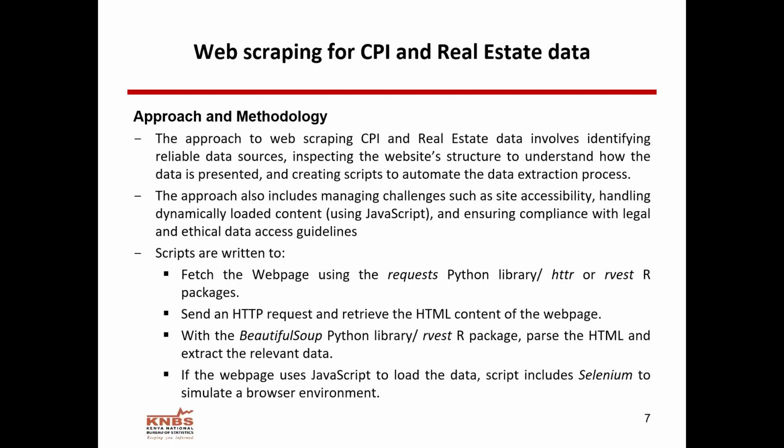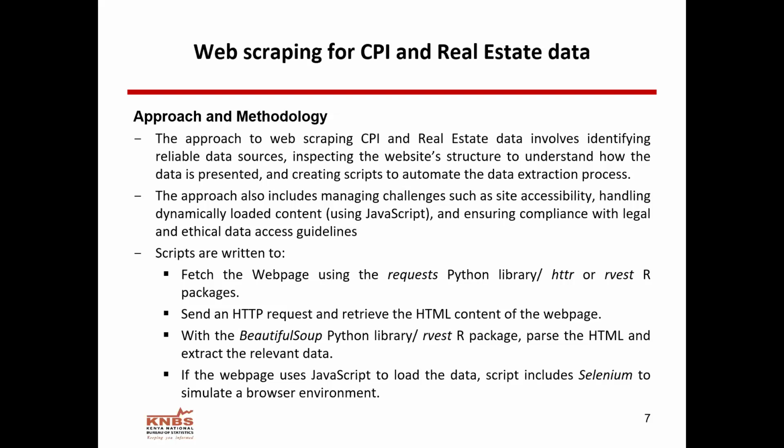So our methodology when we are doing web scraping for CPI and real estate data involves identifying reliable data sources, inspecting the website structure to understand how the data is presented, and creating scripts to automate the data extraction.